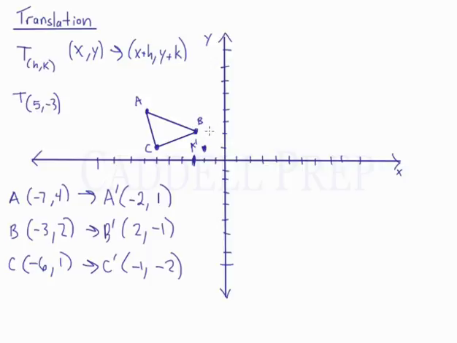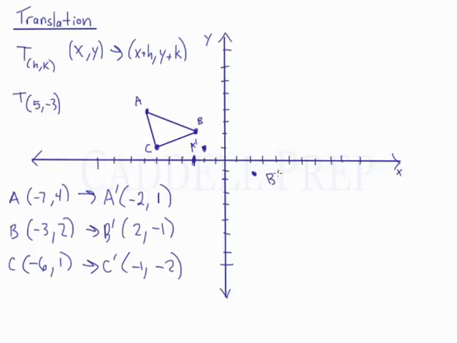Okay, now B will move right 5 and down 3. So 1, 2, 3. Don't forget to count on the axes. Don't skip. So anyway, moving to the right 5, 1, 2, 3, 4, 5, then down 3, 1, 2, 3.